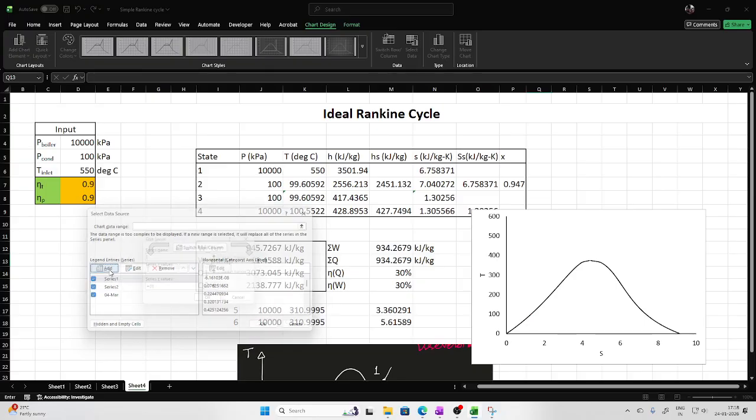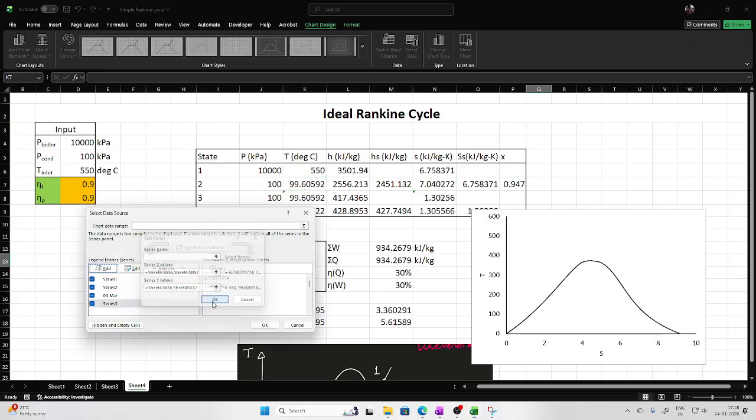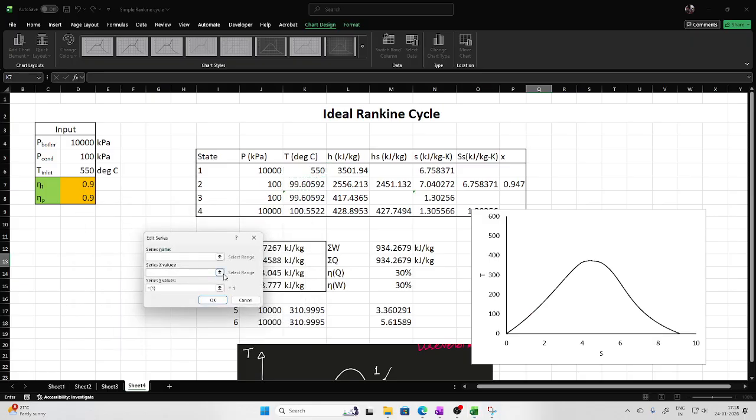So add data. The x-axis is s1 s2, and the y-axis is t1 t2. Then comes 2 3, with y-axis temperature 2 3. Then 3 4, with y-axis also 3 4.